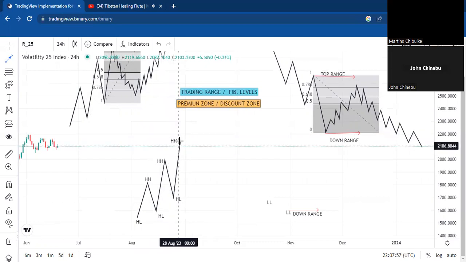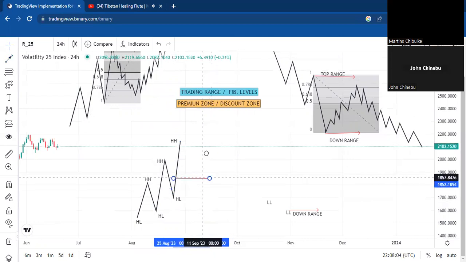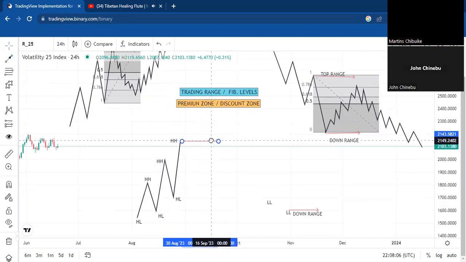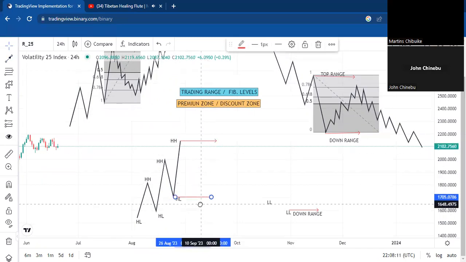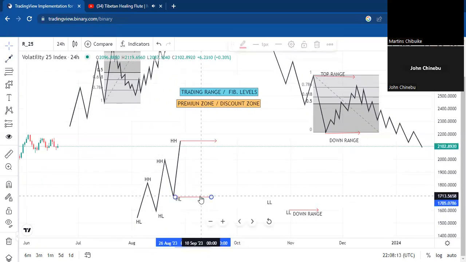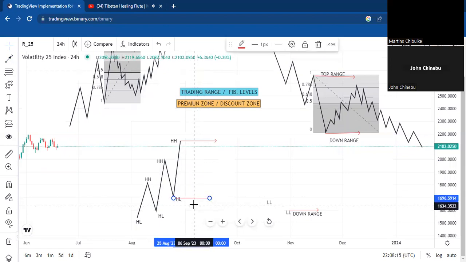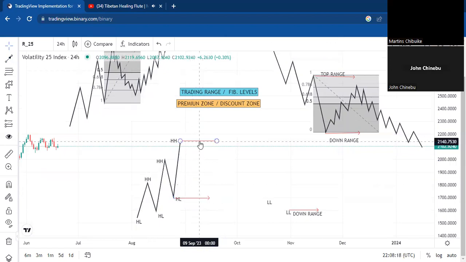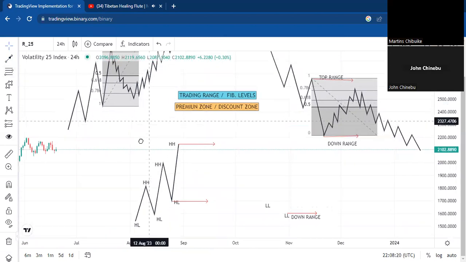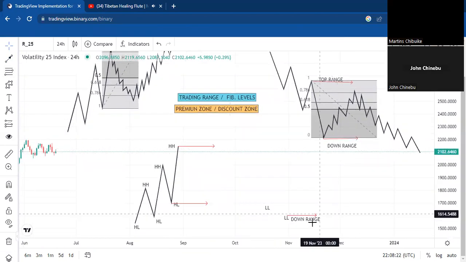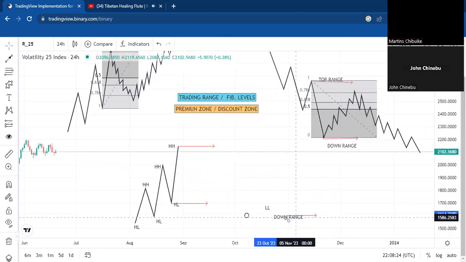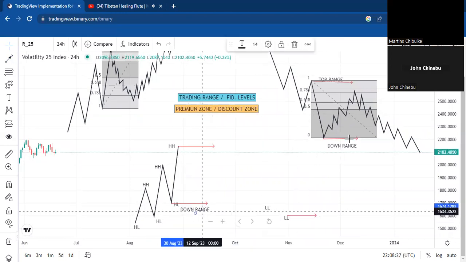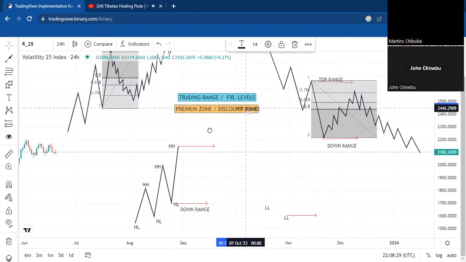Here we say that the range is the highest structural point. You mark it. And having picked the highest structural point, you also pick the lowest structural point, which is your valid higher low. So this is your trading range. You can identify them, your down range and your top range.